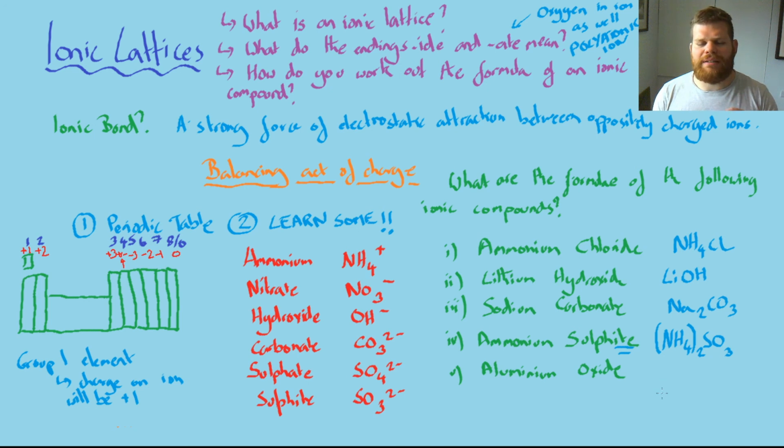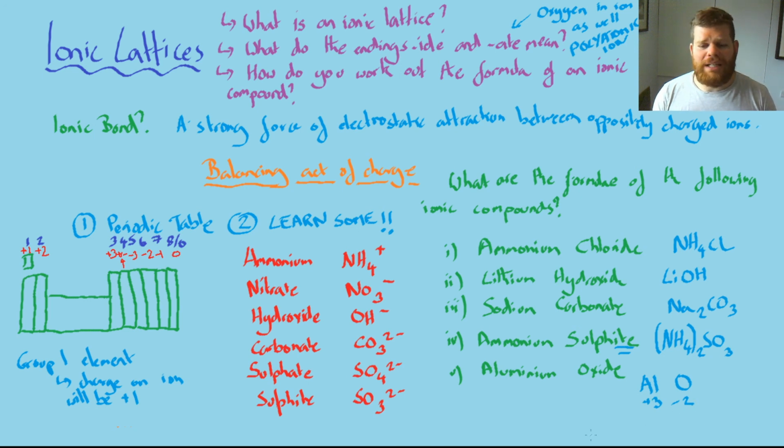Last but by no means least, aluminium oxide, a slightly trickier one. If I was to write out my little framework, I'd have aluminium and oxygen. Aluminium has a charge of +3, oxygen has a charge of -2. We need to get this balanced so that they're in the correct ratio, so that we get an overall charge of 0. A little bit of trial and error. This is not balanced. If I put 2 oxygens, it's still not balanced, so then I'd need another aluminium.